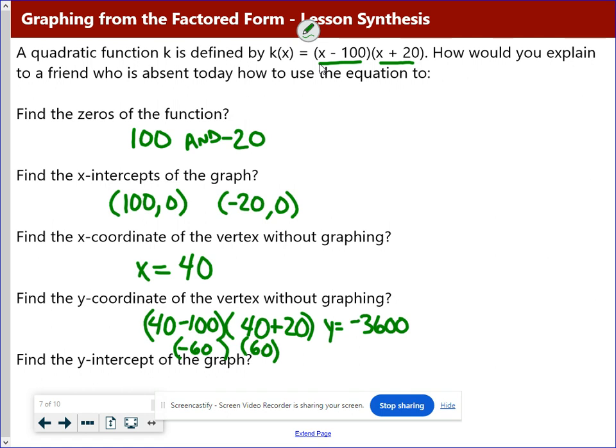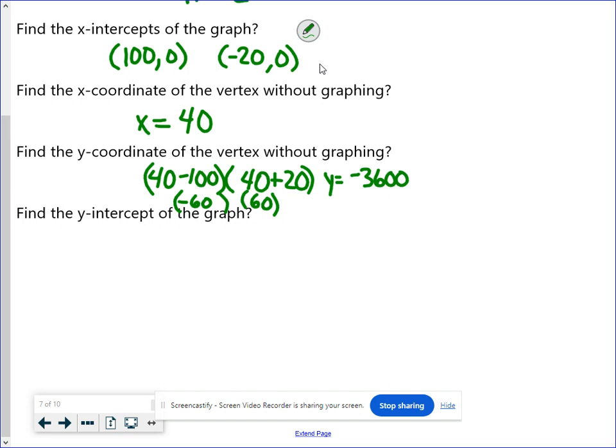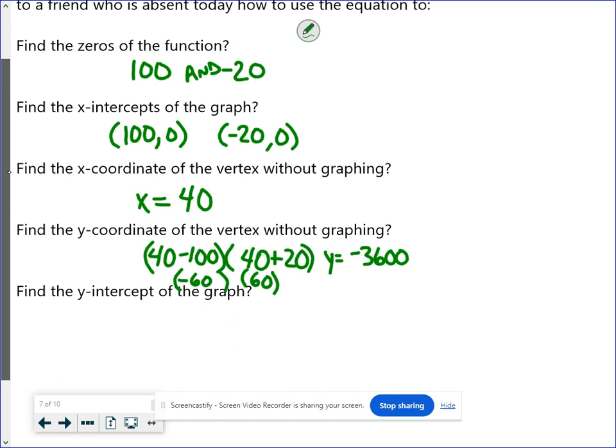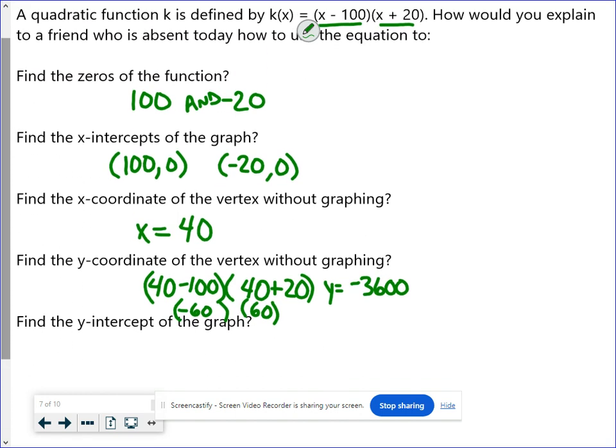It's a good thing they're not asking us to actually graph this because, holy cow, that would be a difficult one to graph. The y-intercept of the graph is when the x is equal to 0. So I just have to put in a 0 in each of those factors. So I would say 0 minus 100 and 0 plus 20.